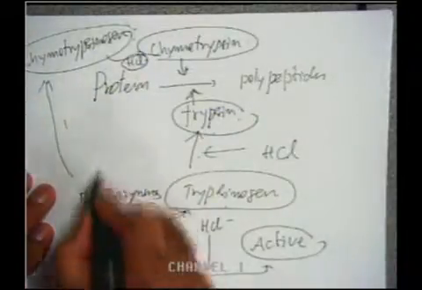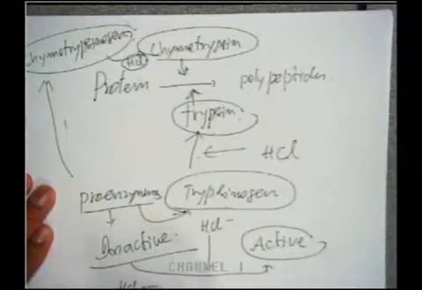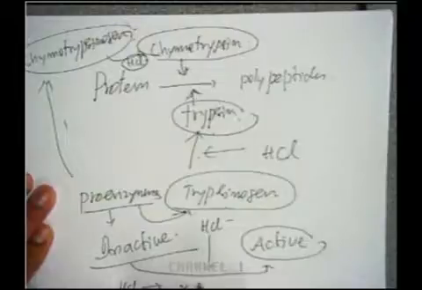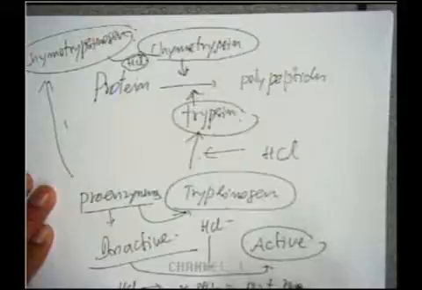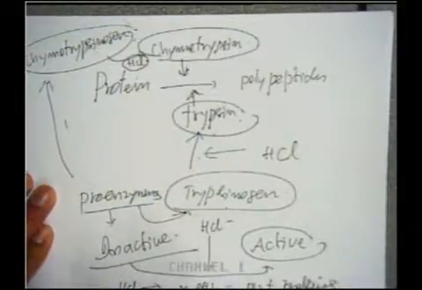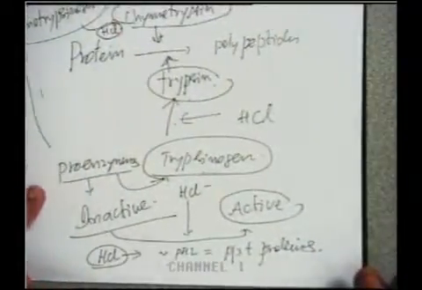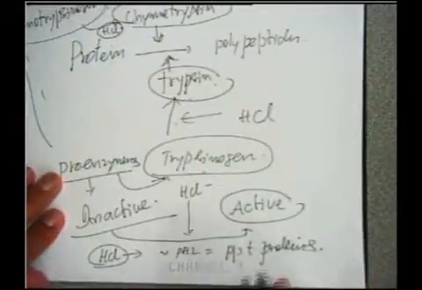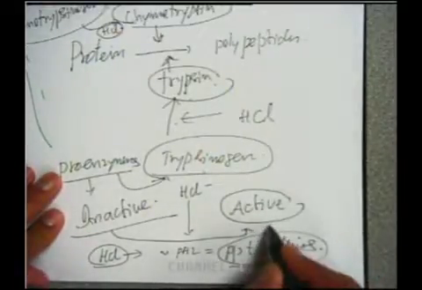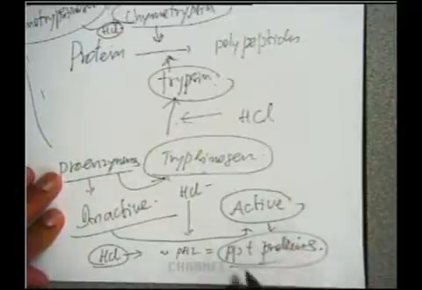Number two, the hydrochloric acid at low pH, around pH 2, precipitates protein. The precipitated protein will be acted on by the active enzymes, trypsin and chymotrypsin, and thereby it is going to be converted into polypeptides.